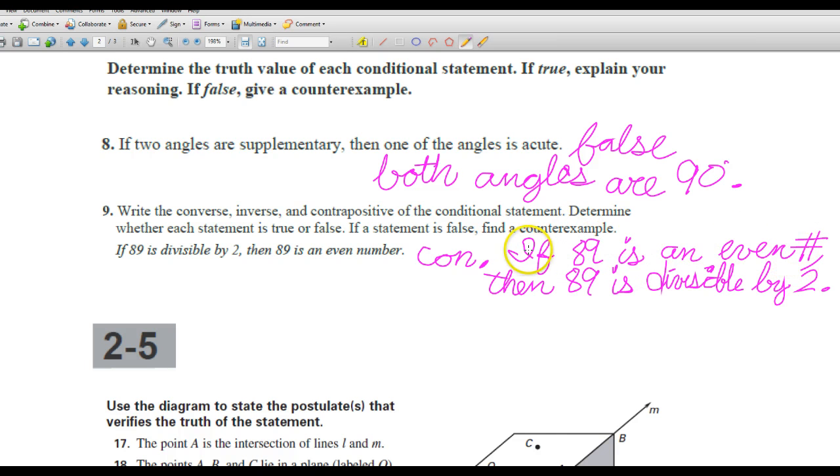So we stop right there. If 89 is an even number, okay, 89 is an odd number. So anytime the hypothesis of a statement is false, it is a true conditional statement. So if 89 is an even number, okay, since that is false, then this is a true conditional statement.